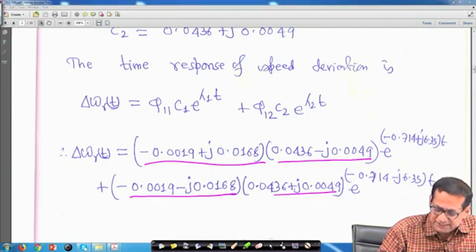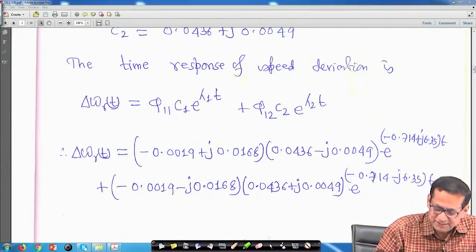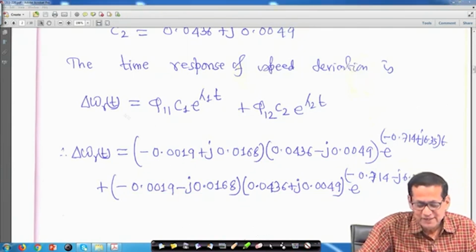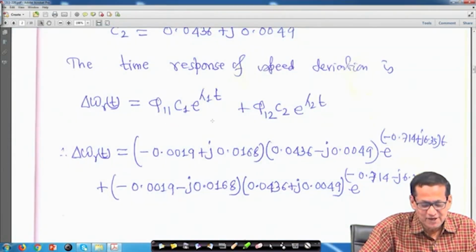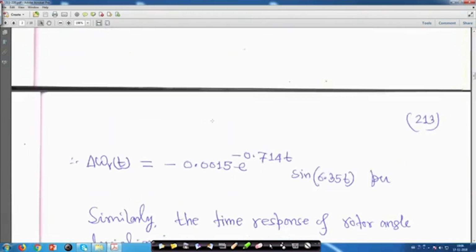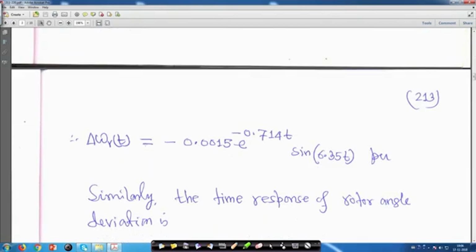If you simplify this, you will find how the response comes, and it will come in this form: delta omega t is minus 0.0015 e to the power minus 0.714 t into sin 6.35 t.